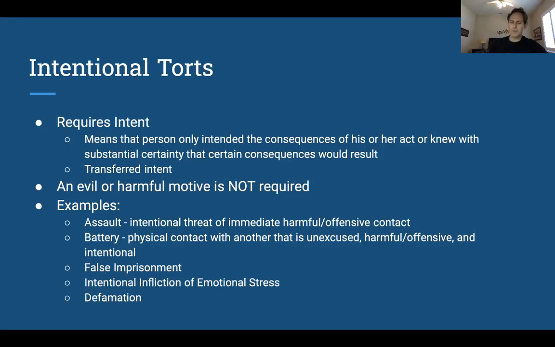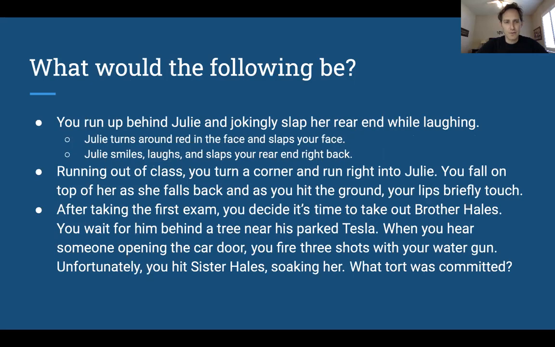Okay, so let's jump into some of these other slides, because I think they're important to make sure that you fully understand the idea of intentional torts. There are plenty of these, so let's do an example here. First example is we're going to slap somebody.